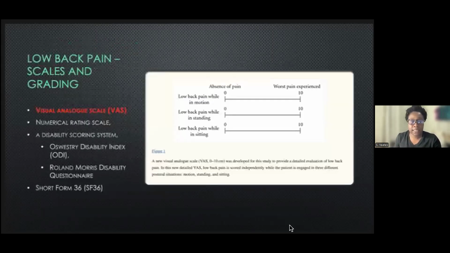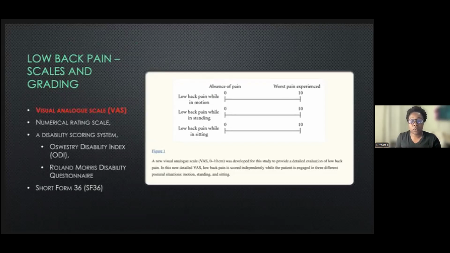In terms of scaling, the development of tools to measure the outcome of patients with low back pain has become a subject of increasing interest for research purposes, particularly for clinicians to justify the effectiveness of their interventions.